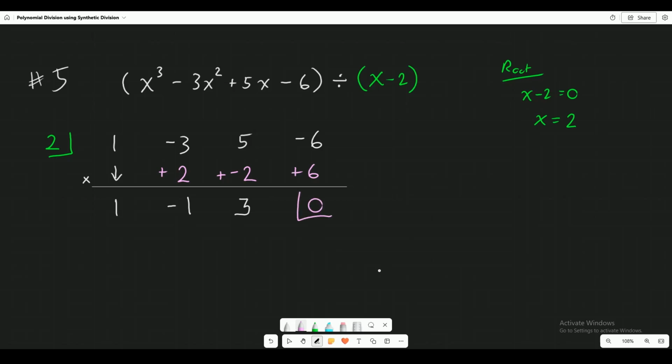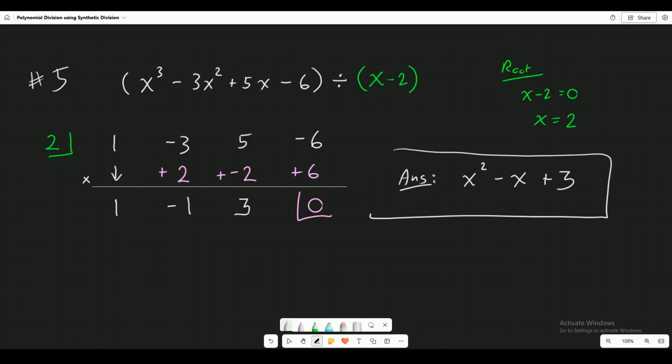All right, so this one has no remainder, which means that x minus 2 is a root. It's a factor. So my final answer right here is going to be, since it was third degree, it becomes second degree. So x squared minus x plus 3. That's my answer right there.